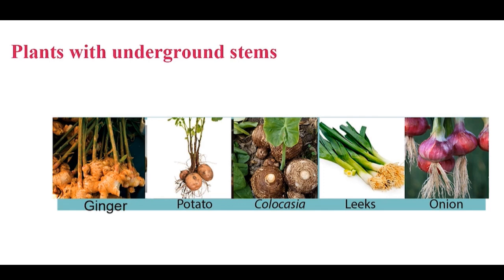It's not a real stem, remember. Now, if this is the leeks plant, if you observe clearly, you will see there's a hard part here like this and fibrous roots present here. Okay, children, this part looks like a stem, but this is not a real stem.